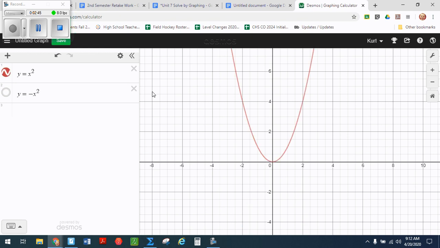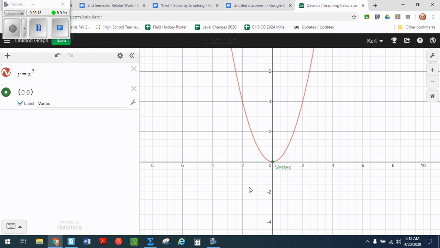Let me get my original parent function back here. The point at the bottom is the point 0, 0. This point in green, that's my vertex. That's the vertex of the graph.